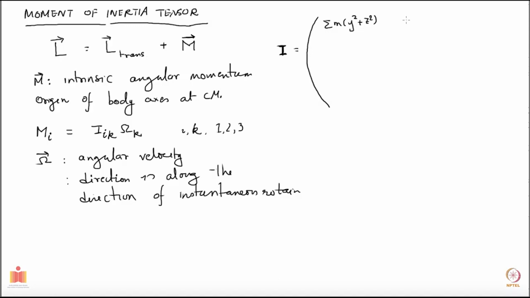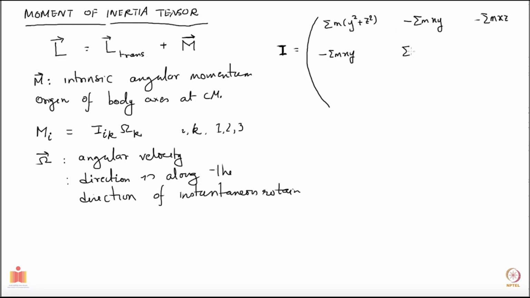And then you have minus summation m xy, minus summation m xz, minus m xy. You remember it is symmetric, so these two should be equal.